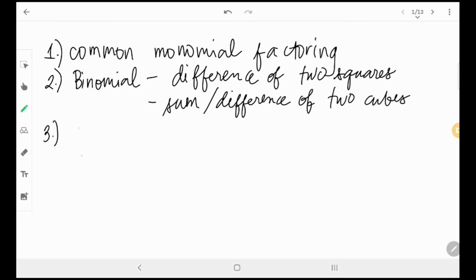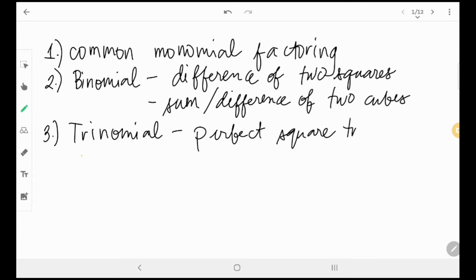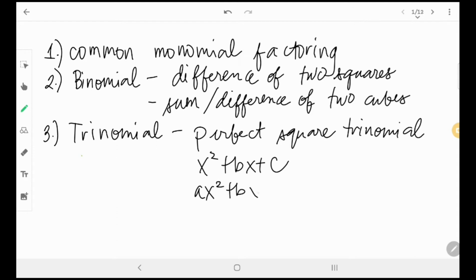Okay, next is, if the given is trinomial, it could be factoring the perfect square trinomial, also factoring x squared plus bx plus c, or factoring ax squared plus bx plus c.